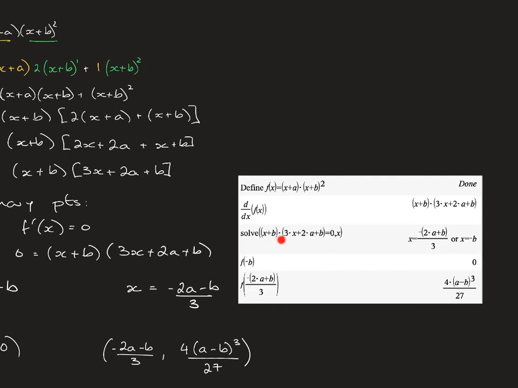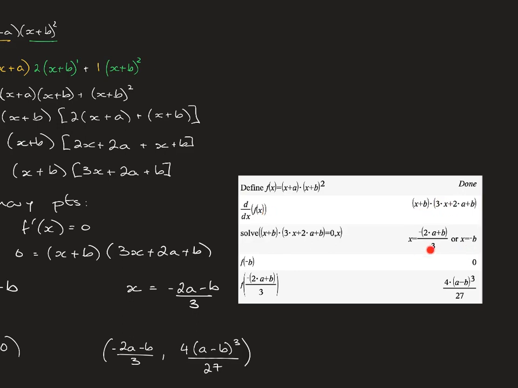I could then solve the derivative equal to 0. And the only reason I found the derivative first before I solved it was because the question asked me for the derivative. If I just put d dx of f of x equal to 0 in here, I wouldn't actually get to see the derivative function. So that's why I did the derivative function first.